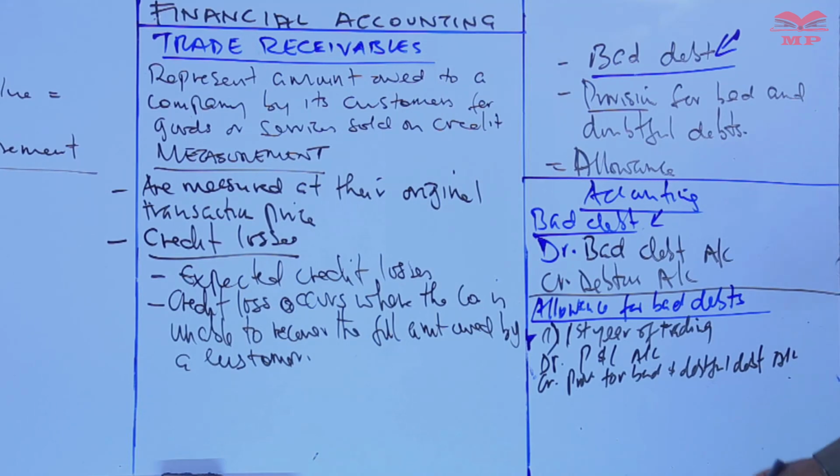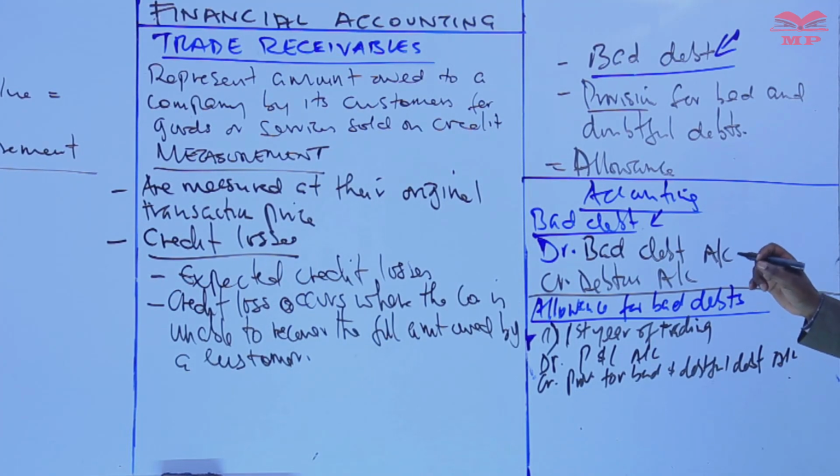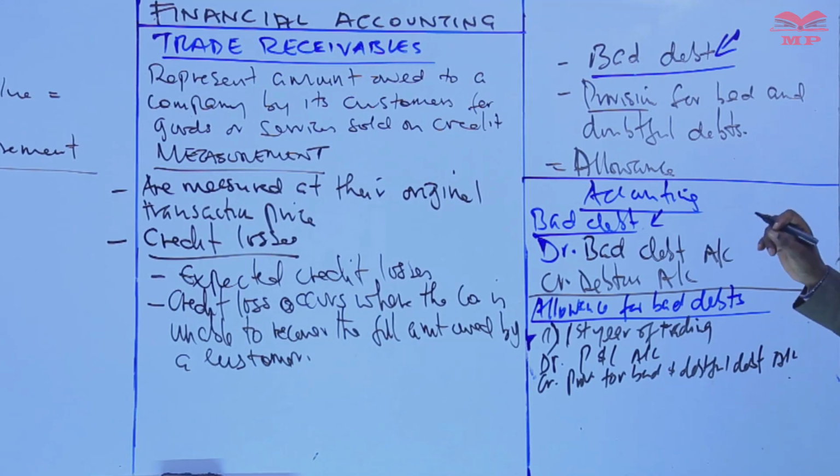So that is the first year, and that is we credit and debit these accounts with the amount of the provision.